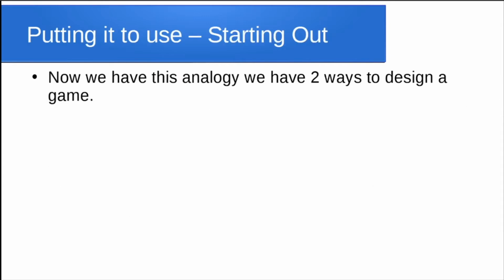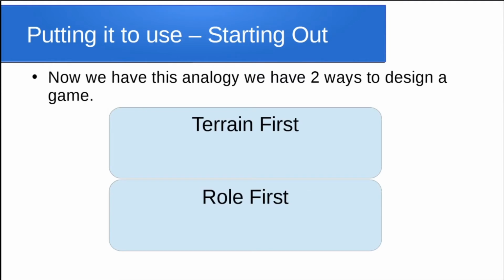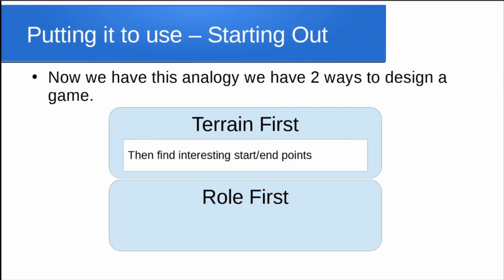So why is this useful? First, there are a couple of ways you can think about designing a game, which this can help with. You can design your terrain first. You can map out your economy, or you can design your roles first. You can say, well, who are these interesting people and where do they want to end up? If you've got your terrain first, which is probably the usual way of doing things, you then need to get the economy designed and find some interesting start and end points for the roles.